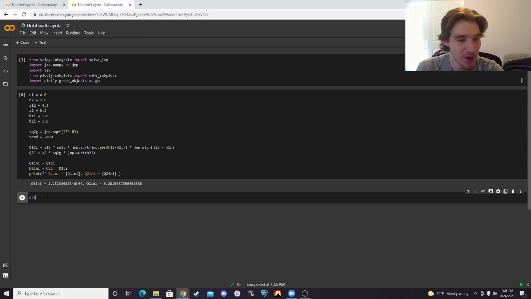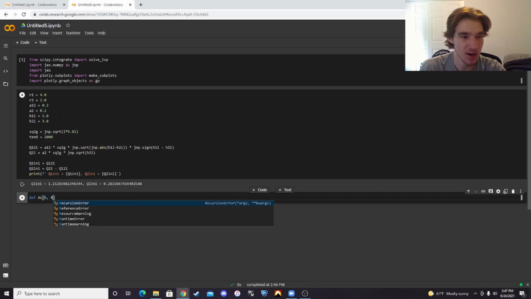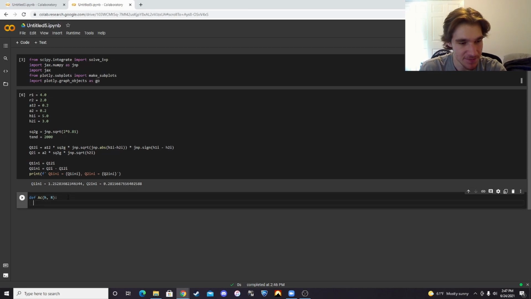So that's the first thing I'm going to do, defining a function AC with the parameters H, which is the height of the tank, and then R for the radius of the tank. I like to capitalize R. I like to keep these two separate so I know which one it's referring to whenever it comes up.